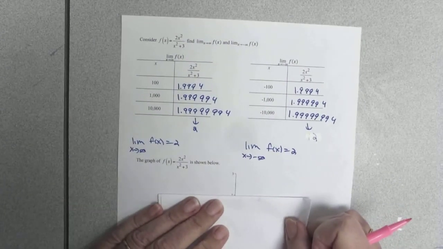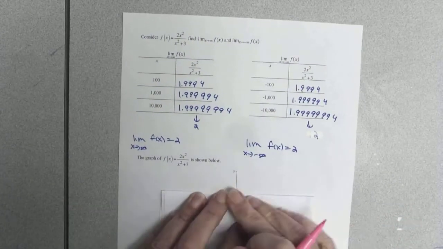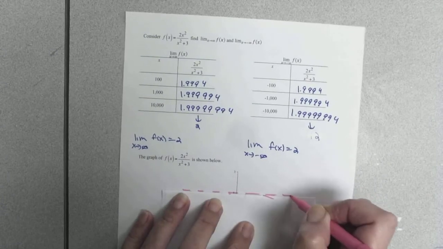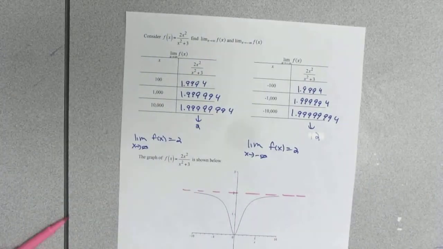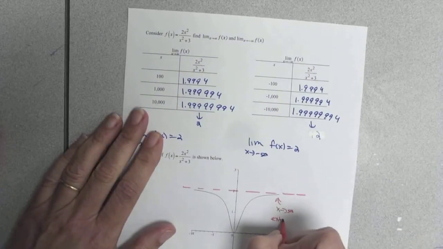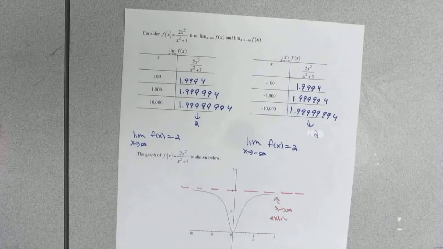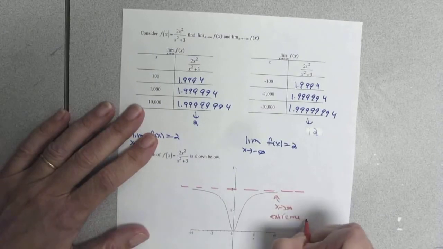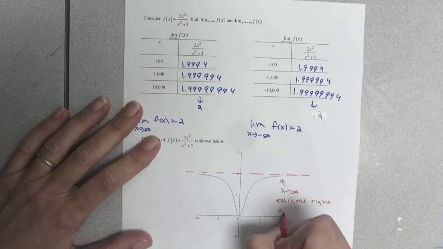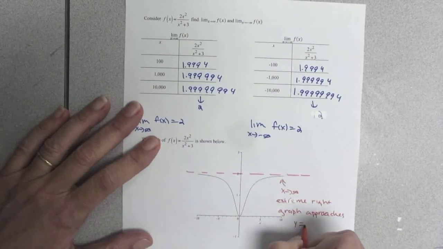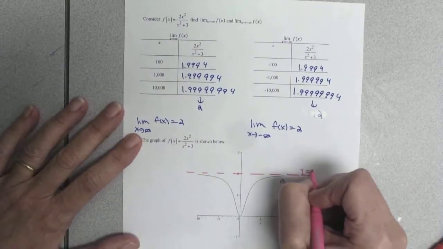If I draw a horizontal line right at 2, we see on the right, over there, x approaches infinity, extreme right, the graph approaches y equals 2. That my pink line there is y equals 2.